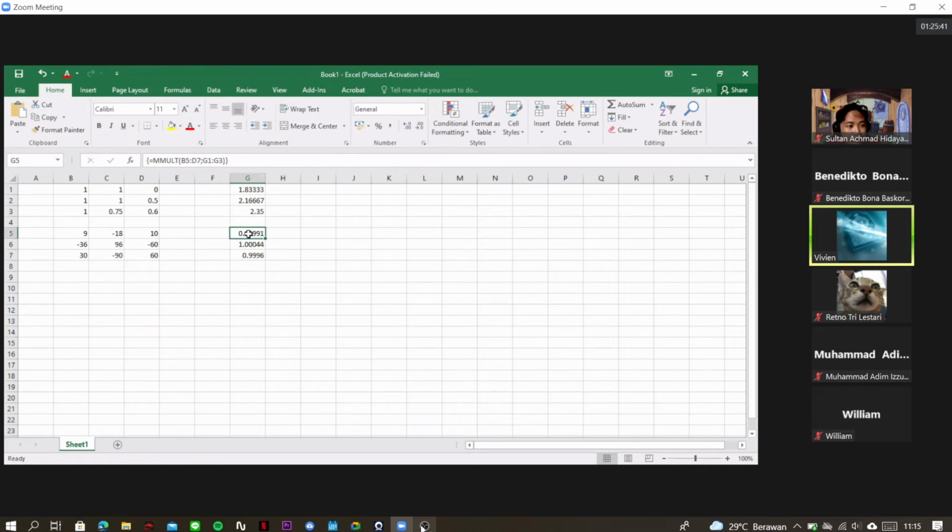So when we choose the cell as a result here, we type MMULT, and then choose the first array, which is the inverse of the matrix, and then semicolon, and then insert the factor of the right hand side, and then we again press Control and Shift together with Enter so that we have the result.